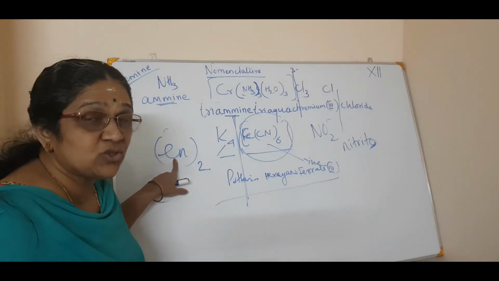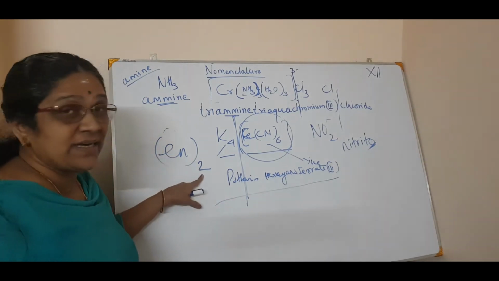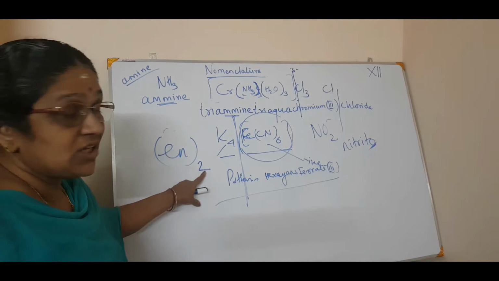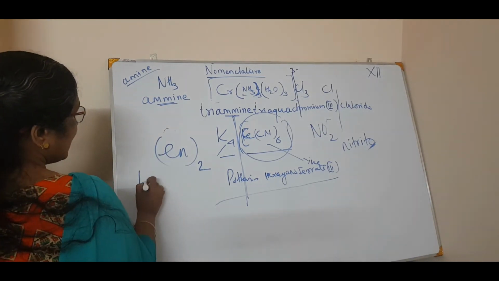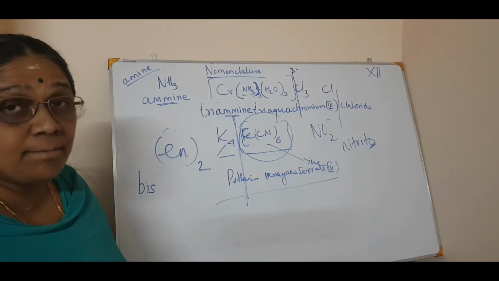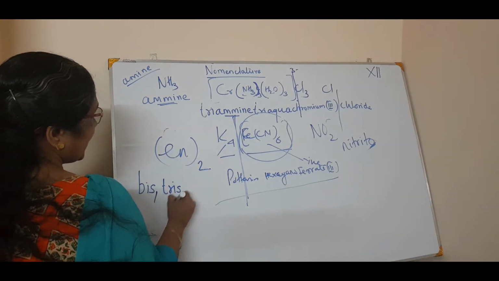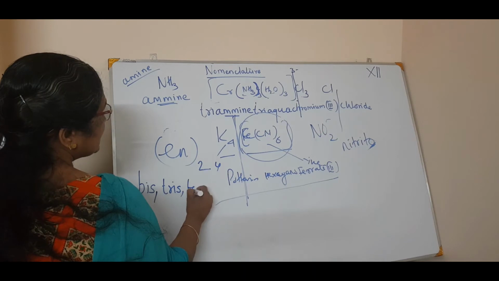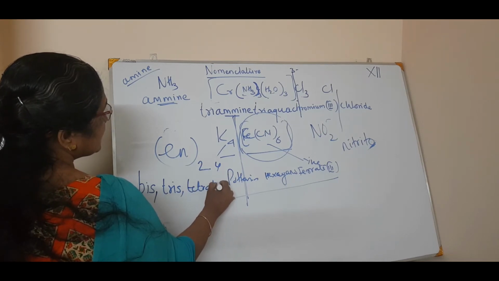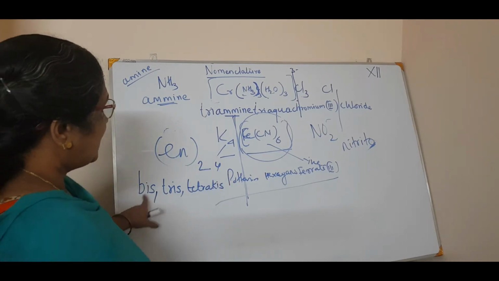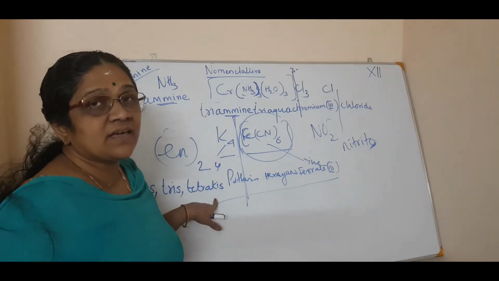So in that case, very, very important, if en is twice, you have to write the 2 as bis. Or if it is thrice, tris. If it is 4, tetrakis. See? Bis, tris or tetrakis.